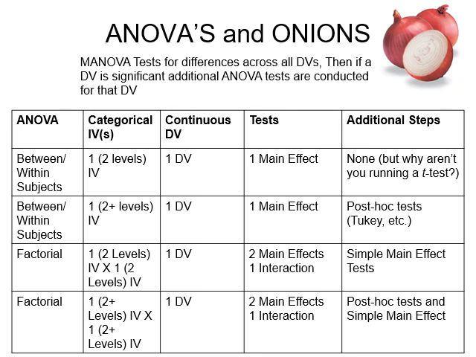So if we're running a very simple MANOVA with a single IV with 3 levels, so a between subjects 3-level IV on 2 DVs, the MANOVA is significant, we're now going to have to look for the main effects tests of IV1 on DV1 and IV1 on DV2, and if significant, run those post hoc tests.